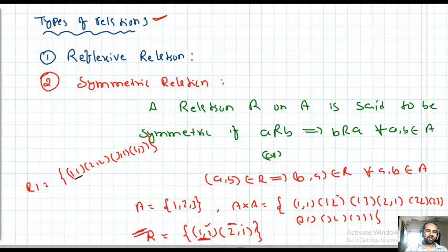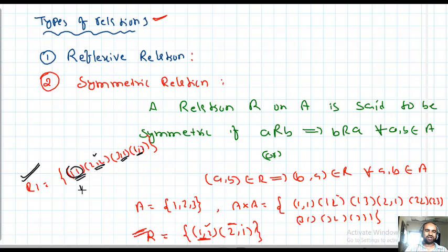First ordered pair (1,1), its reverse is (1,1) only, satisfied. (2,2), its reverse is the same, satisfied. (3,1), its reverse (1,3) is there. (1,3), its reverse (3,1) is there. So all ordered pairs satisfy this definition, that's why R is a symmetric relation.